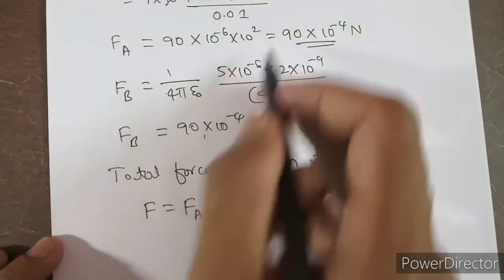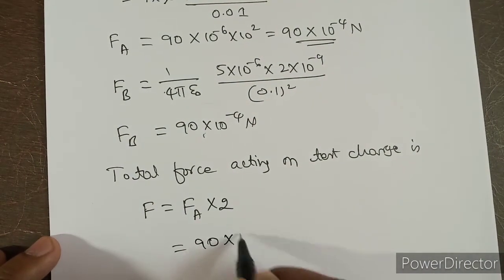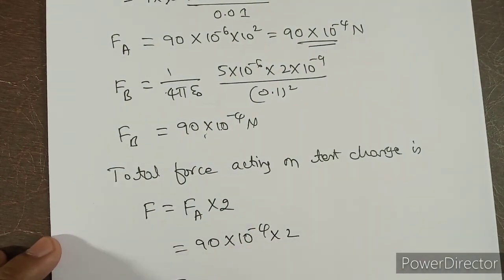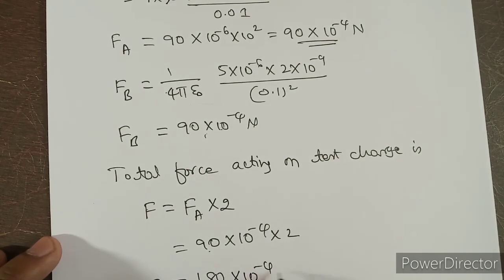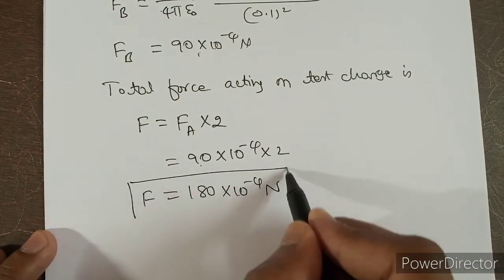Or you can add these two, so that will be 90 into 10 to the power minus 4 Newton into 2 times. That will give you 180 into 10 to the power minus 4 Newton. So this is the answer.